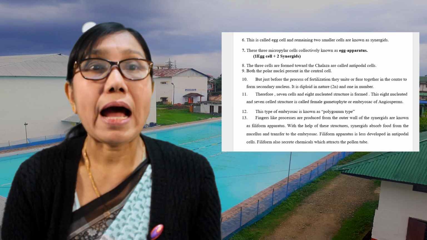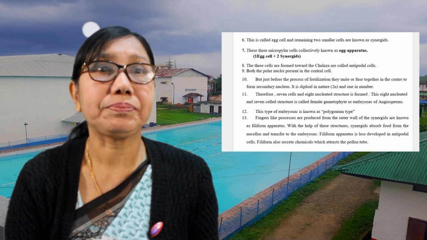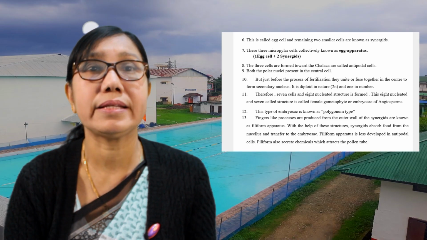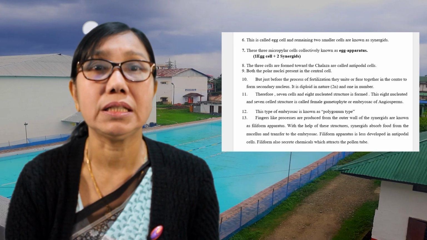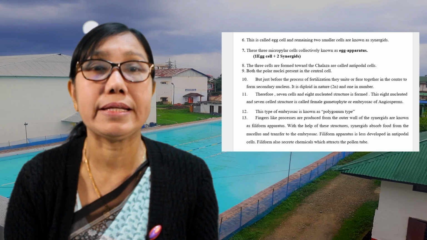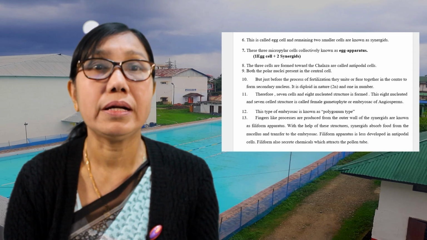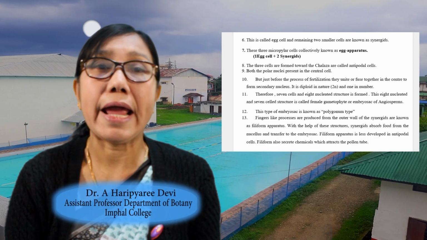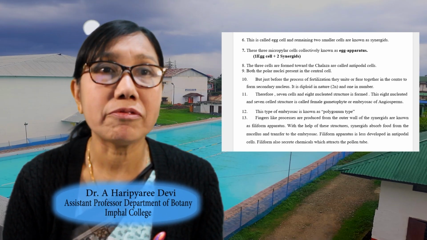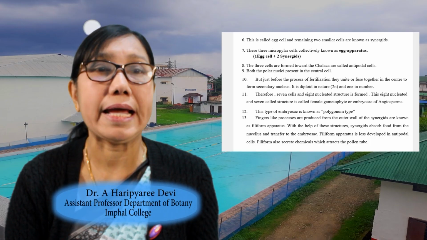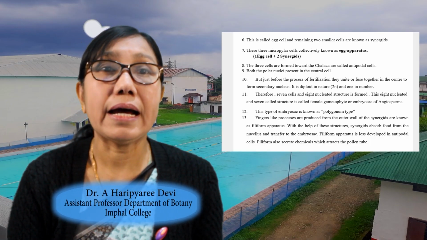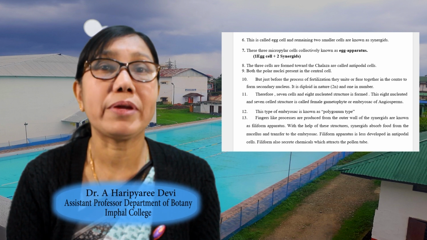Both the polar nuclei are present in the central cell, but just before fertilization, they unite or fuse together in the center to form the secondary nucleus. It is diploid in nature and 1 in number. Diploid because n and n are fused and have become 1. Therefore, a 7-celled and 8-nucleated structure is formed here.